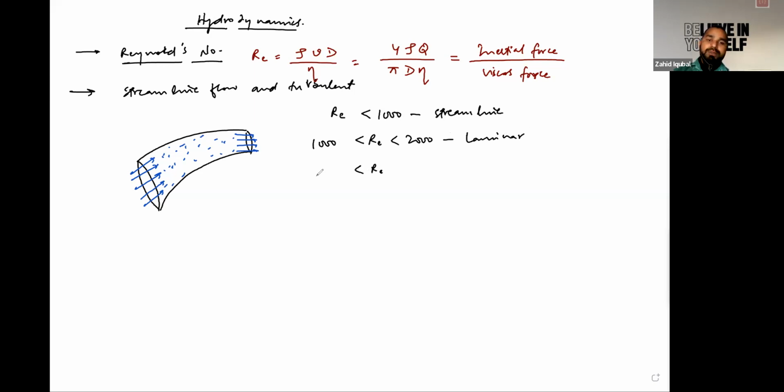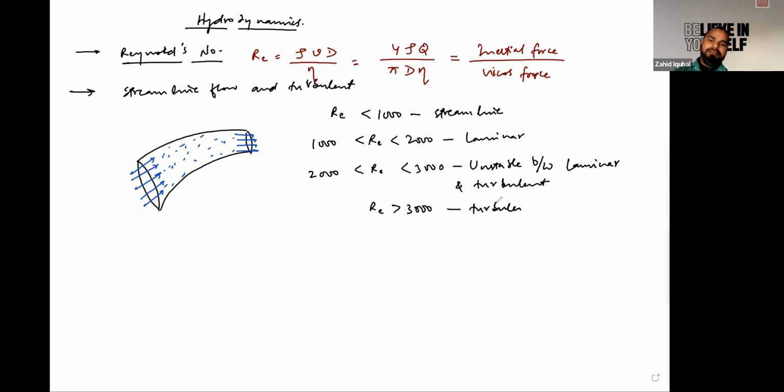If it is between 2000 and 3000, then it will be unstable between laminar and turbulent. If Reynolds number is greater than 3000, then it will be turbulent. Safullah, is it clear? Yes, sir.